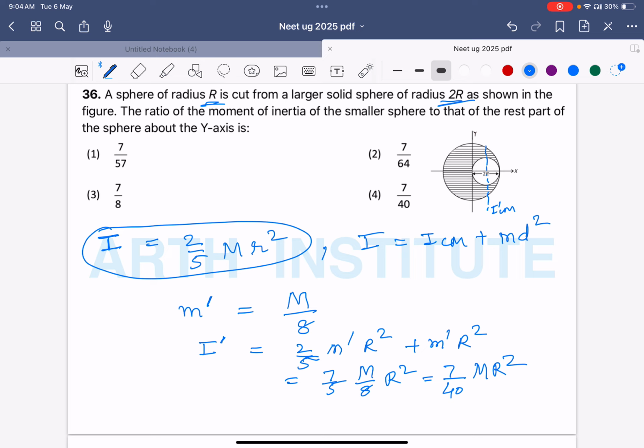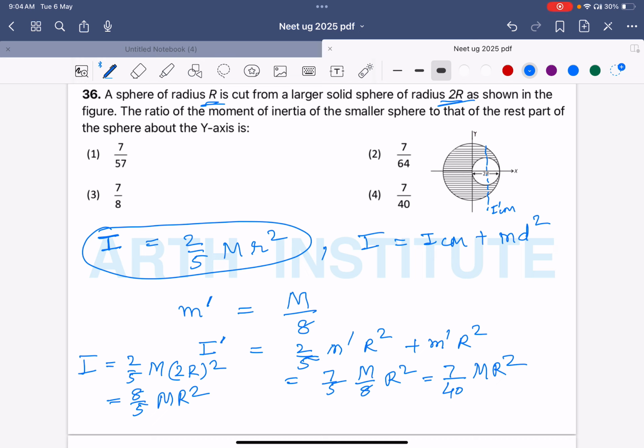And the moment of inertia of the original sphere was I, that was equal to 2 by 5 m. No, the radius was 2r, so r square becomes 4. So this is equal to 4 into 2, 8 by 5 m r square. So in the question we have to find the ratio of the moment of inertia of the smaller sphere to that of the rest part.